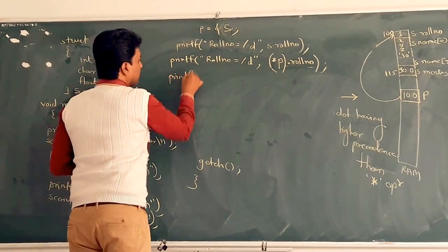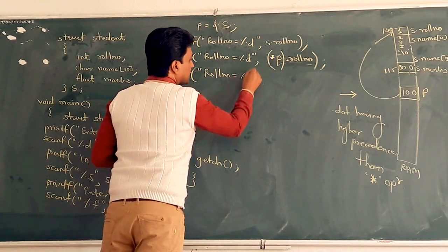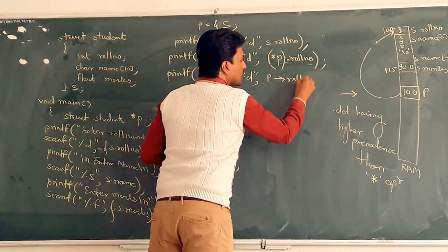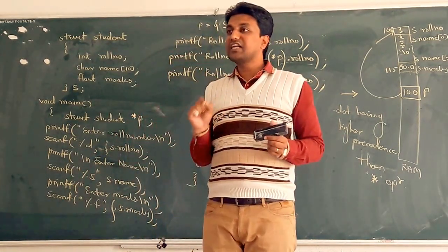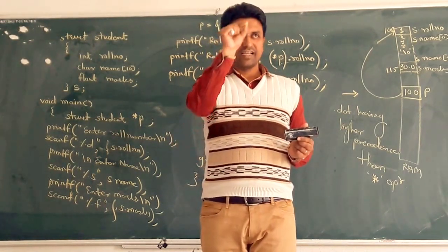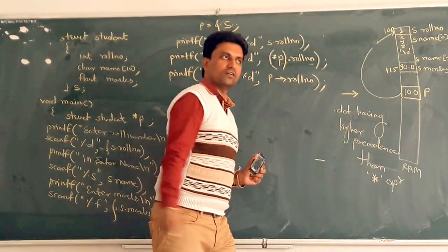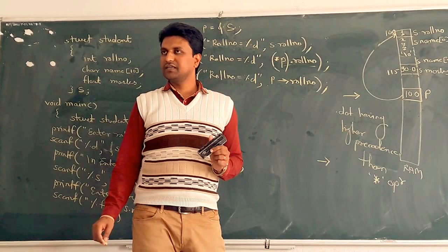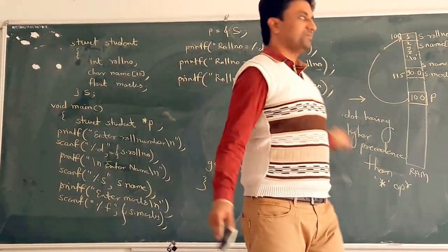Just printf, same line, roll number is equal to percentage d, comma, p arrow roll number. There is no arrow operator actually on the keyboard. Don't search. Dash and triangular bracket. First dash, and then triangular bracket. Otherwise you search on the keyboard for the arrow operator.